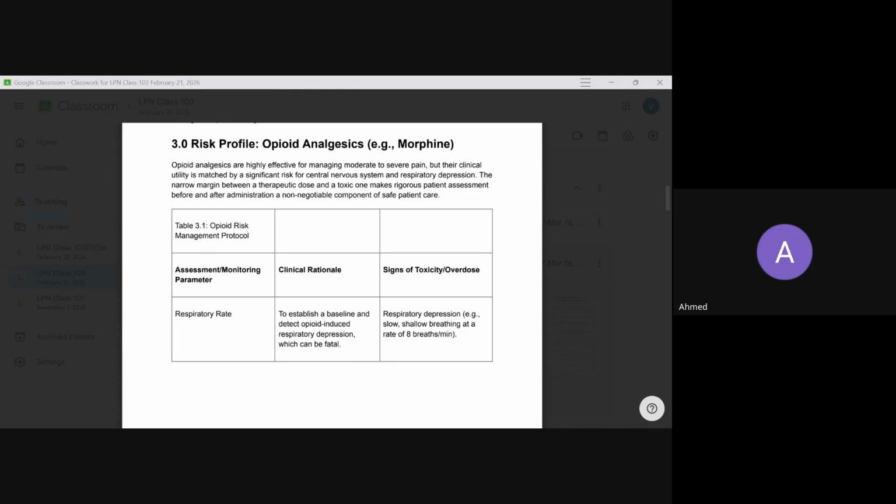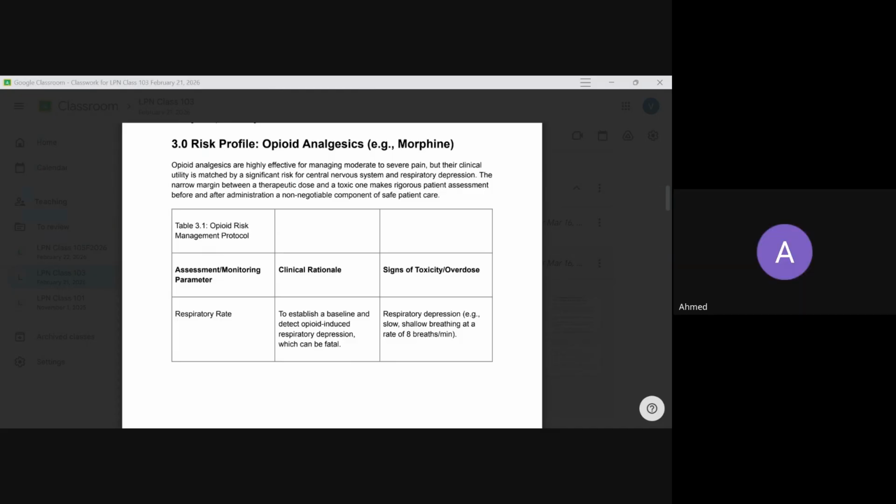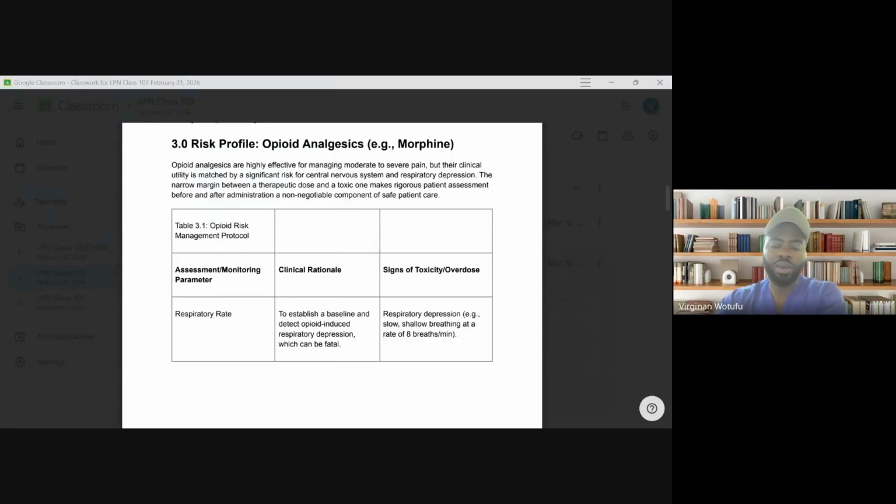Prepare for toxicity of morphine, yes. We will put oxygen support on the patient, give an antidote, and monitor vital signs. Okay, like you said, you monitor the vitals, especially the respiratory rate.